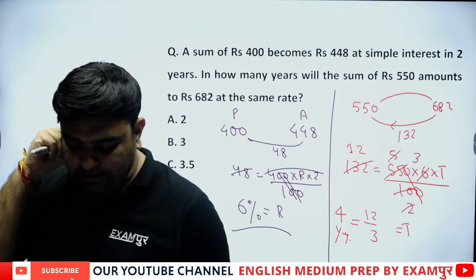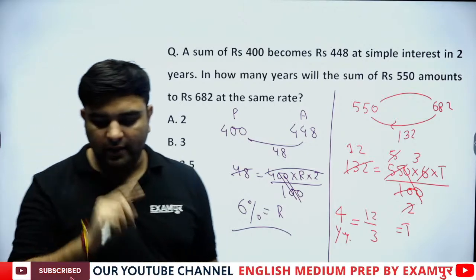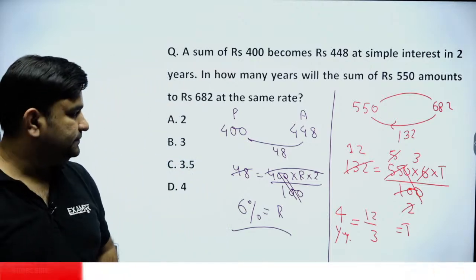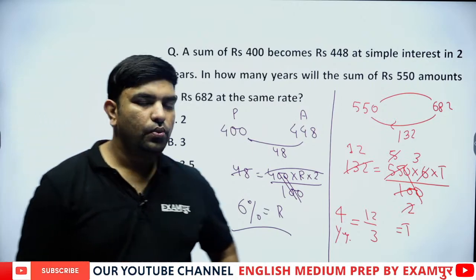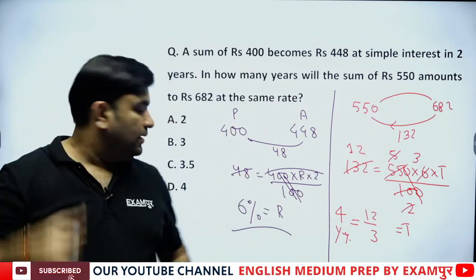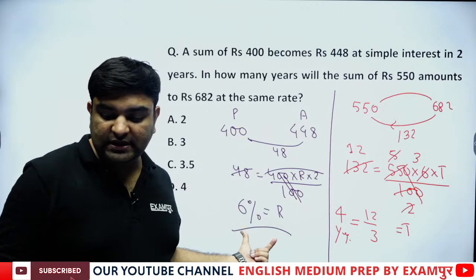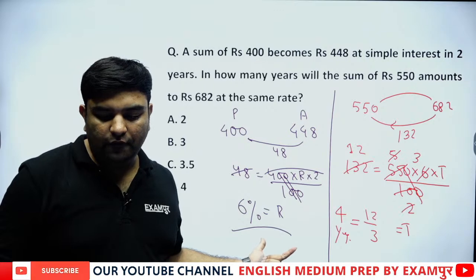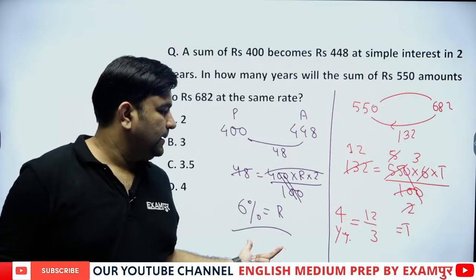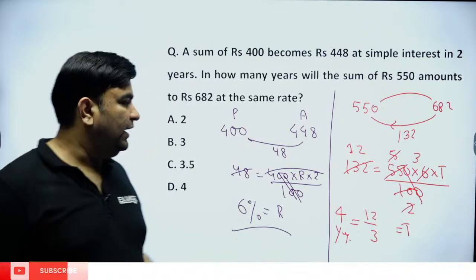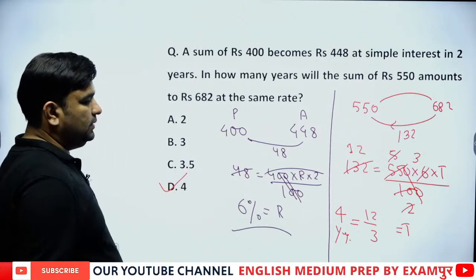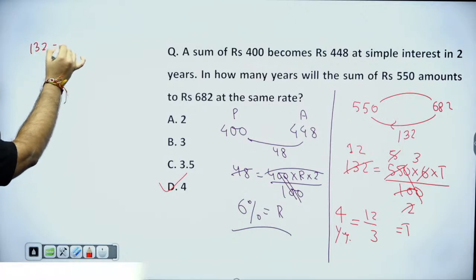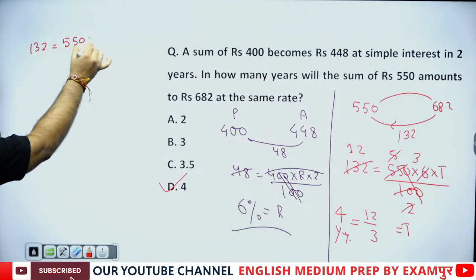Why have you made the errors? Come on, do tell me, what is the error you have made? Rate was 6%. What is the value of rate you have used? 132 interest over the principal of 550 with the rate of 6.